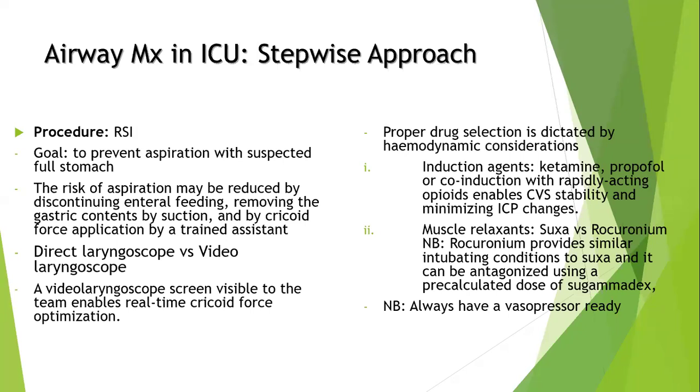I don't know how many of our centers have rocuronium, but we have used it and it's very good, especially if you have sugammadex in your tray. Now, one of the things we must always do is have a vasopressor ready during intubation, because this patient may collapse.